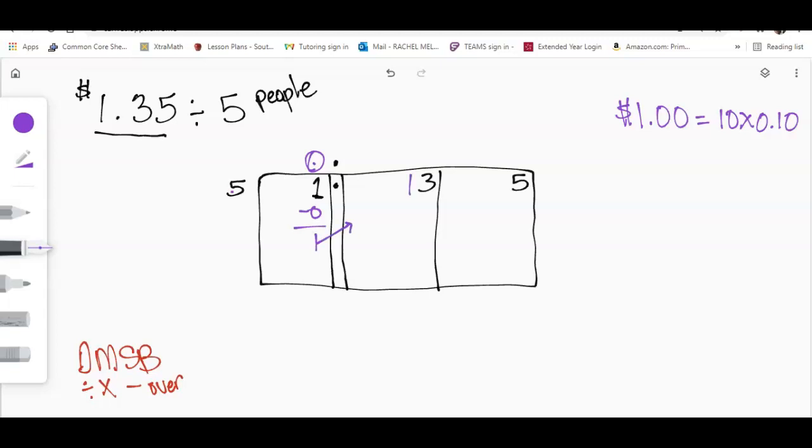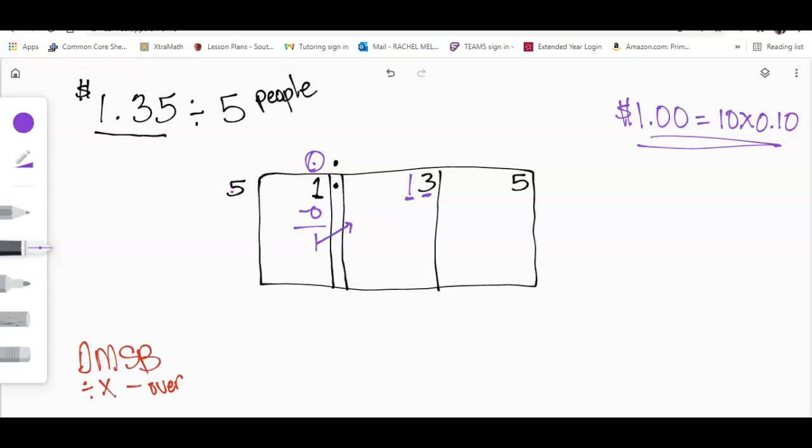This that I did, taking this 1 and putting it into the tenths place, is this action. It's saying, you know what? I have this dollar bill. I can't split it up, so I'm going to have to trade for 10 dimes. So what I did is now I have those 10 dimes right here, and now it's added with the 30 cents that I already had. So now I have 13 dimes.